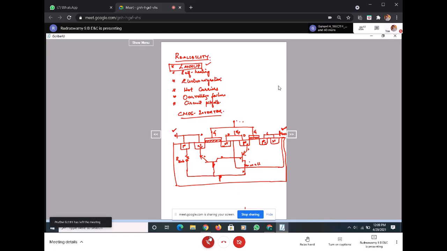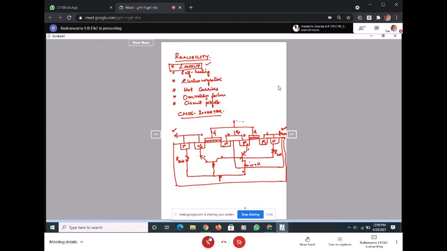Similarly, I have a resistance offered by the N well, that is the well resistance, and this goes in parallel with this.